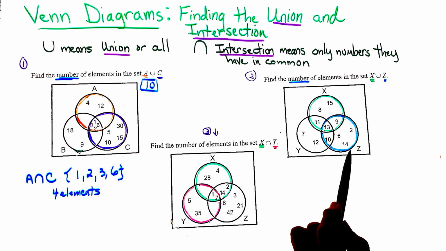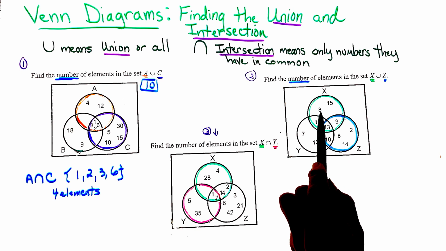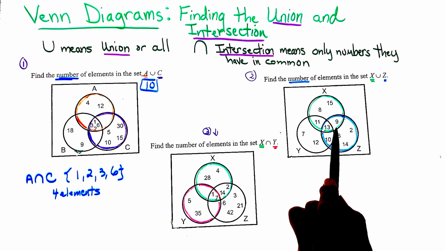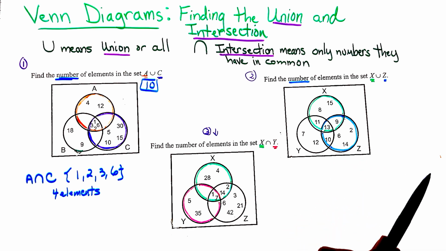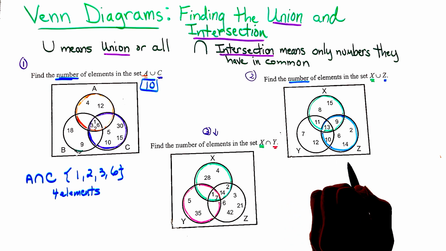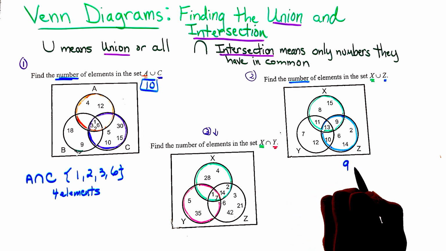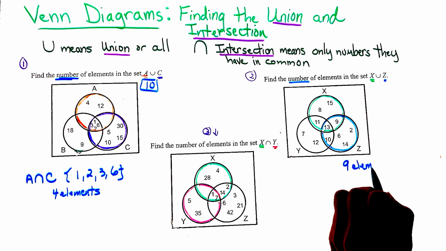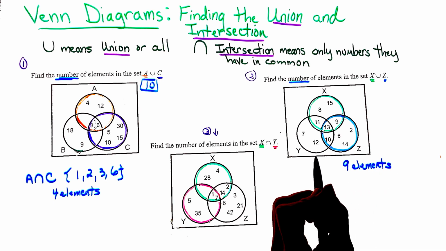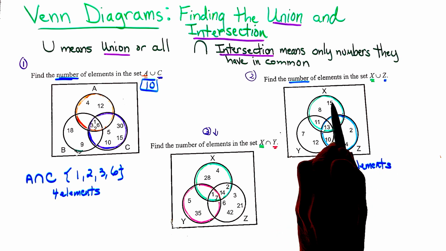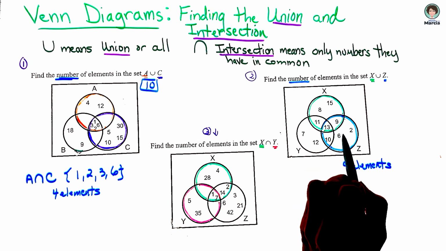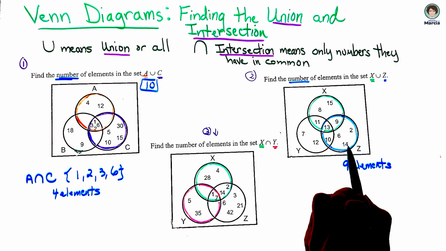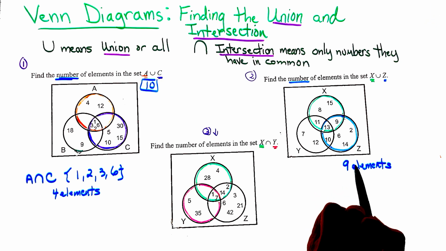So when we're counting, I'm going to count 1, 2, 3, 4, 5, 6, 7, 8, and 9. So there are 9 elements in those 2. And I'm just going to double check. So it's 1, 2, 3, 4, 5, 6, 7, 8, and 9.